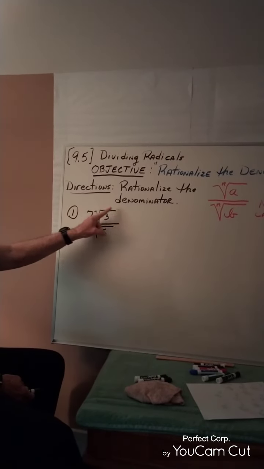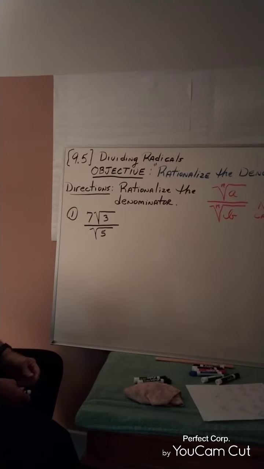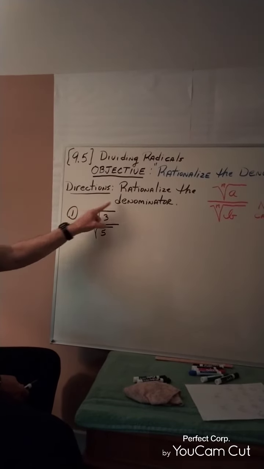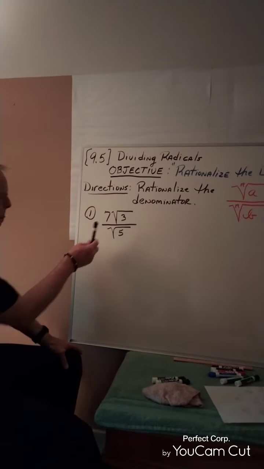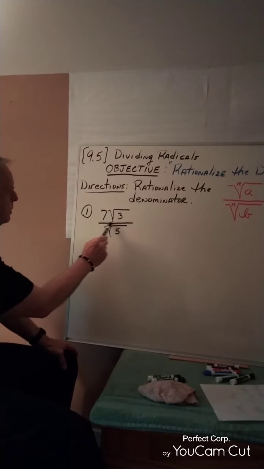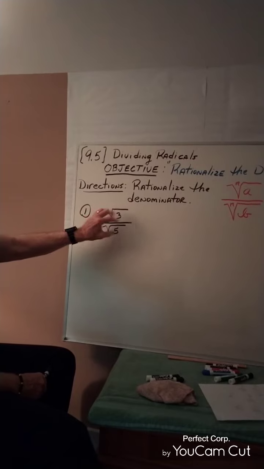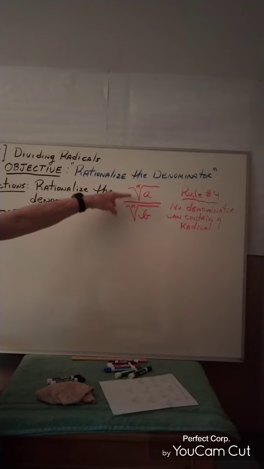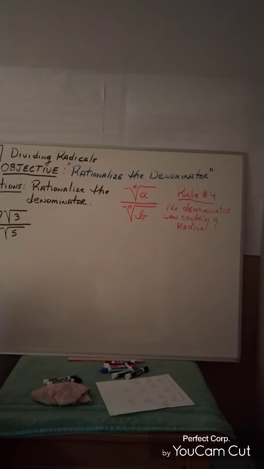We're going to take a look at problem number 1 right here. I know I've already mentioned rationalizing the denominator, but I want to lead up to this phrase by taking a look at this example. This says 7 times the radical of 3 divided by the radical of 5. It's a problem that is structured in the same way as this format, where we are dividing radicals.